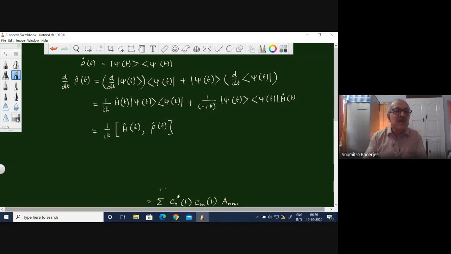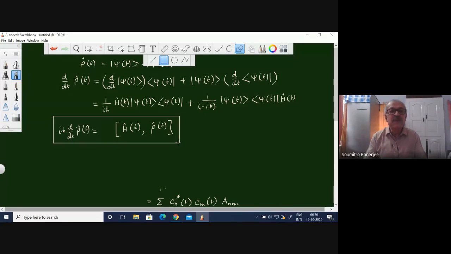I can also cast it in the familiar form, i h cross d/dt of rho. This is the form of the differential equation that the density matrix will take.